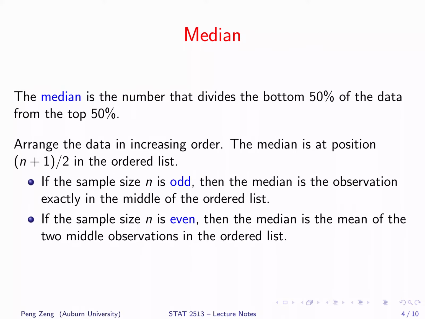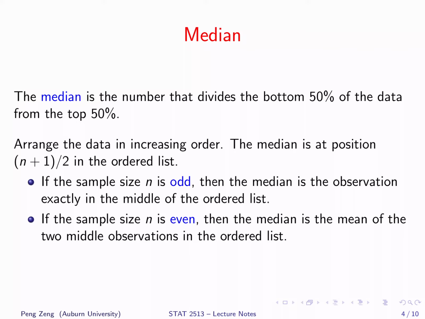The median is the number that divides the bottom 50% of data from the top 50%, or roughly half of the data is smaller than this number, and the remaining half of the data is larger than this number. In order to calculate the median, we first need to arrange the data in increasing order.